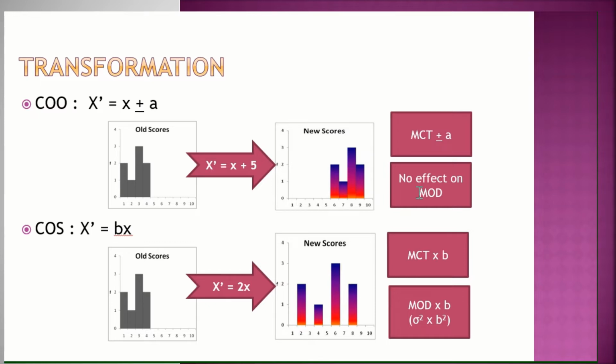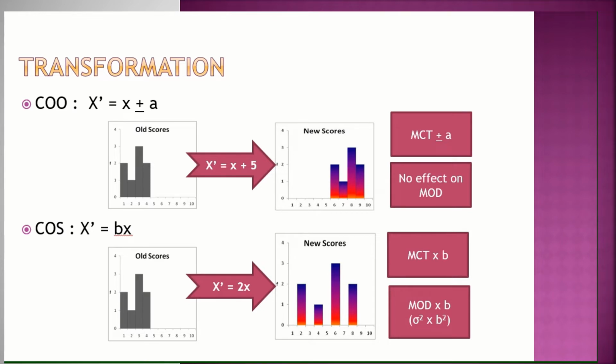Understand? What would be the effect on MOD? What is MOD? Measure of dispersion. Did the dispersion of the data change? No. The dispersion didn't change. So if the dispersion didn't change, how dispersed the data is, that has not changed. What does that tell you? That your MOD has got no effect, meaning your range, interquartile range, standard deviation and variance will not change when you plus or minus something to your data.